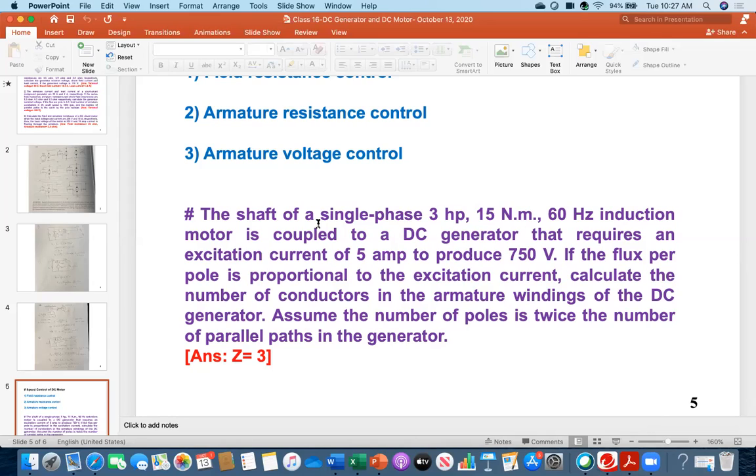That's why at the beginning it says the shaft of a single phase 3 horsepower, 50 Newton meter, 60 hertz induction motor is coupled. So the induction motor is helping rotate the DC generator shaft. Therefore, at first you can draw a schematic. For example, the induction motor, draw its shaft, and that shaft is connected to the DC generator shaft. This means both the induction motor and DC generator share the common shaft. Their speed is the same.